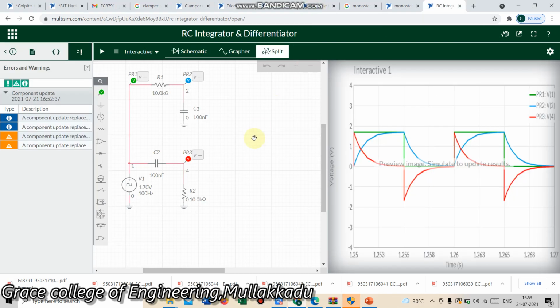This is the circuit diagram for integrator as well as differentiator. Both are given in the same diagram. Here we have given a square waveform as input to both the integrator and differentiator circuits.